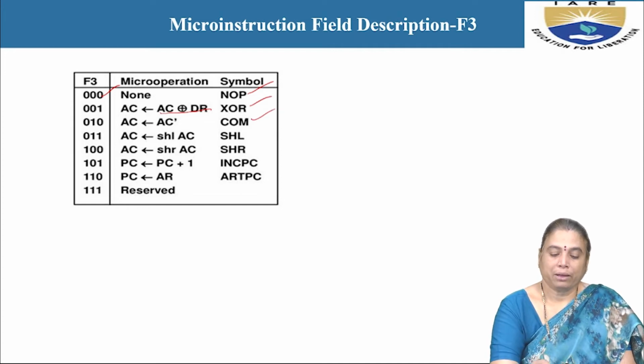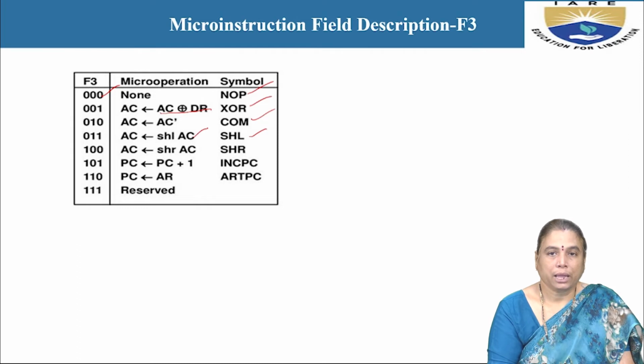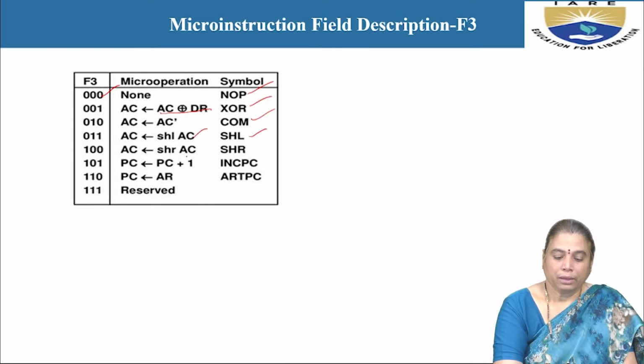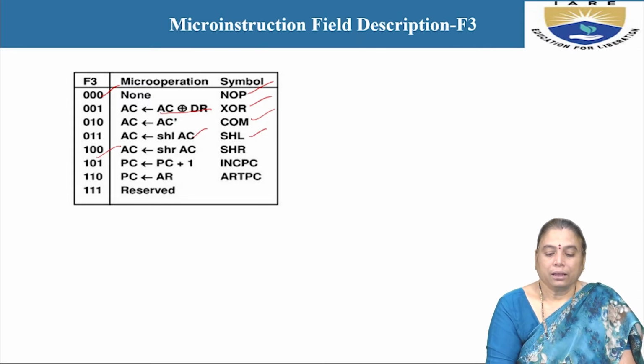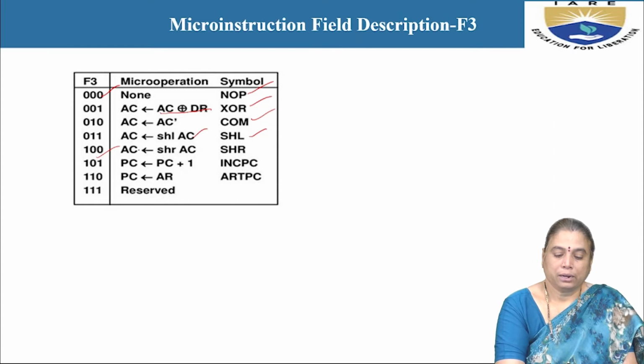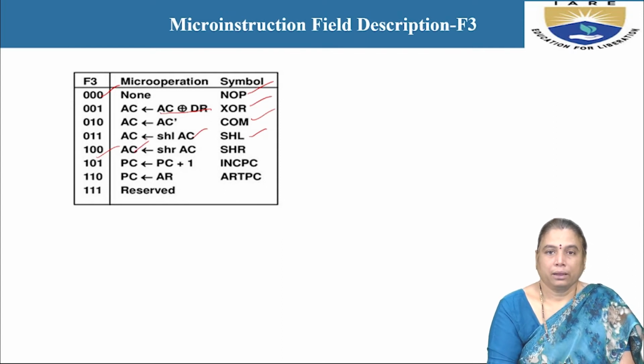The ones complement of the accumulator is stored in the accumulator. Next, the F3 value 011 can be used to perform the left shift operation. So shift left is performed on the accumulator and the result is stored in the accumulator. If F3 contains 100, then shift right operation is performed on the accumulator and the result is stored in the accumulator.